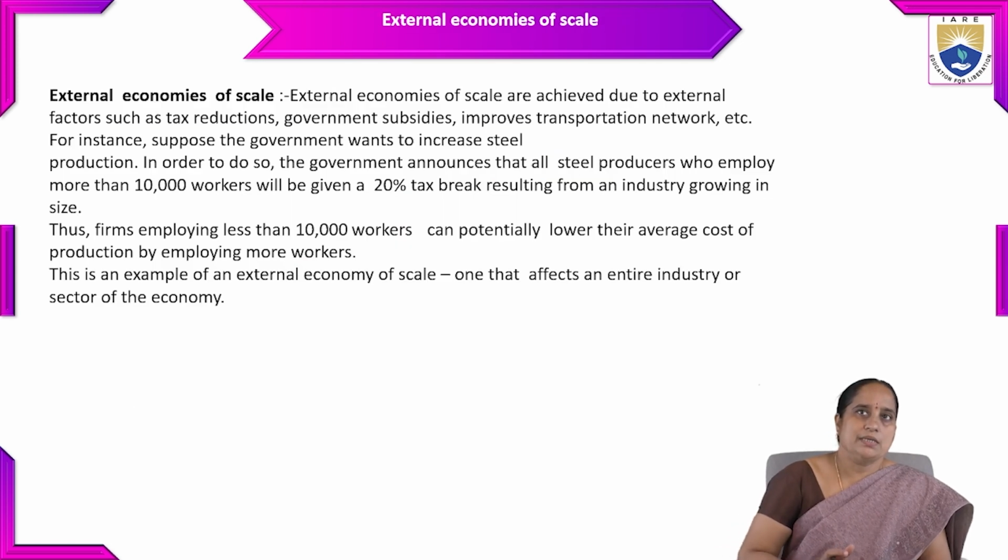And coming to external economies of scale, external economies of scale are achieved due to external factors such as tax reductions, government subsidies, improved transportation networks, etc. For example, suppose the government wants to increase steel production. So in order to do so, the government announces that all steel producers who employ more than 10,000 workers will be given a 20% tax break resulting from an industry growing in size.